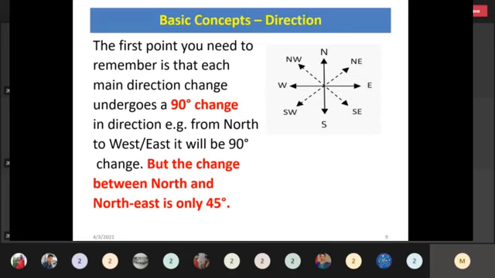But the change between north and northeast is only 45 degrees. So a main direction change is 90 degrees, but between the main and the cardinal directions, for example, north to northeast is 45, or south to southeast is 45. In general, north to east is 90, or east to south is 90. This is very important as far as direction sense problems are concerned.